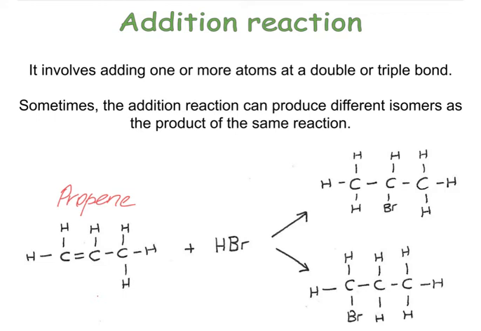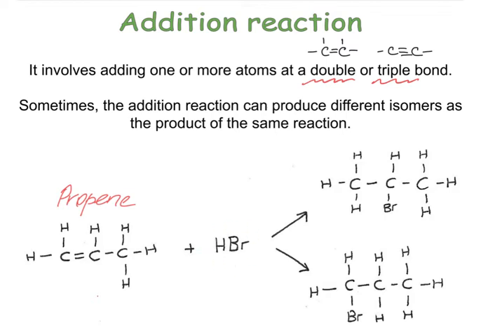Once again, I wanted to remind you that addition reaction happens only to unsaturated hydrocarbons, alkenes or alkynes, those that have double or triple bond. An interesting part about addition reaction is that sometimes you can end up with different isomers as a product of the same reaction. Look at this propene. Propene is running a reaction of addition with HBr.